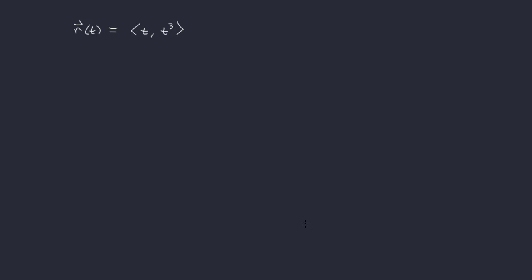All right, let's consider the function t comma t cubed. And I'm picking that one because that's basically just our cubic function, right? That's going to be y equals x cubed, because if we put x equals t into y equals t cubed, we end up with y equals x cubed.